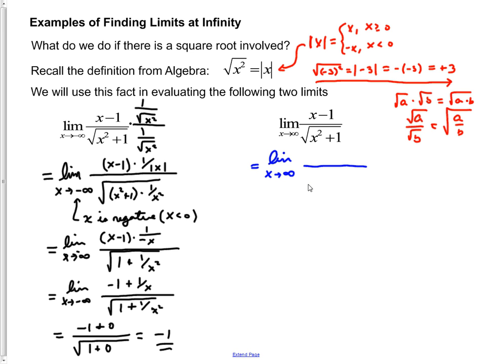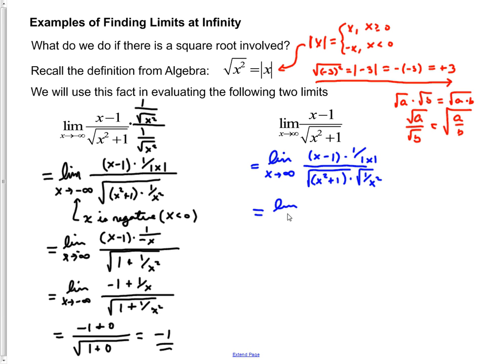That means we're going to take the square root of x squared plus 1 times the square root of 1 over x squared. Remember, the square root of 1 is 1. That's divided into x minus 1 times 1 over its equivalent, the absolute value of x.